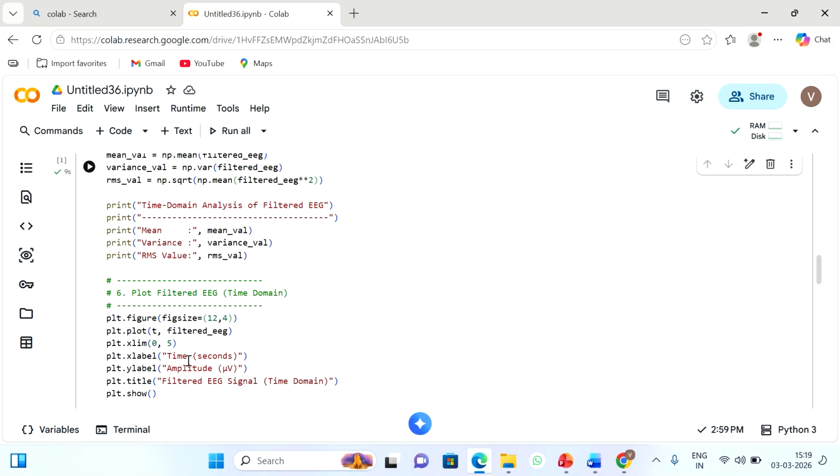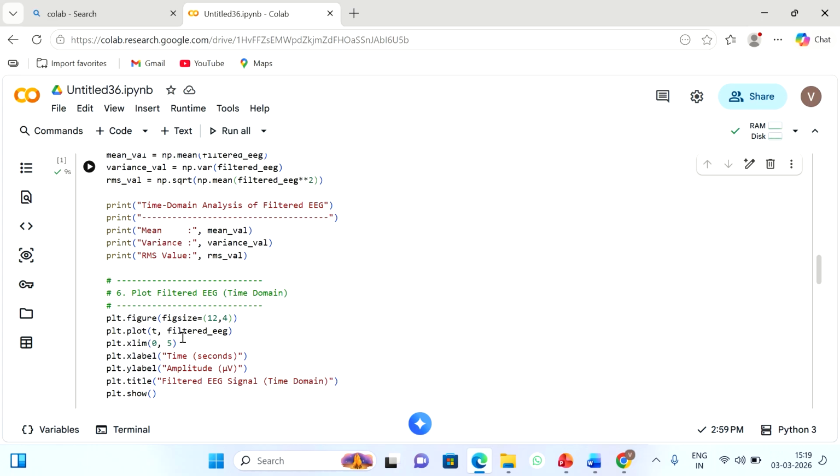So here, plt.figure(figsize=(12, 4)). 12 is the breadth and 4 is the height. And then plt.plot(t, filtered_EEG), and then plt.xlim.